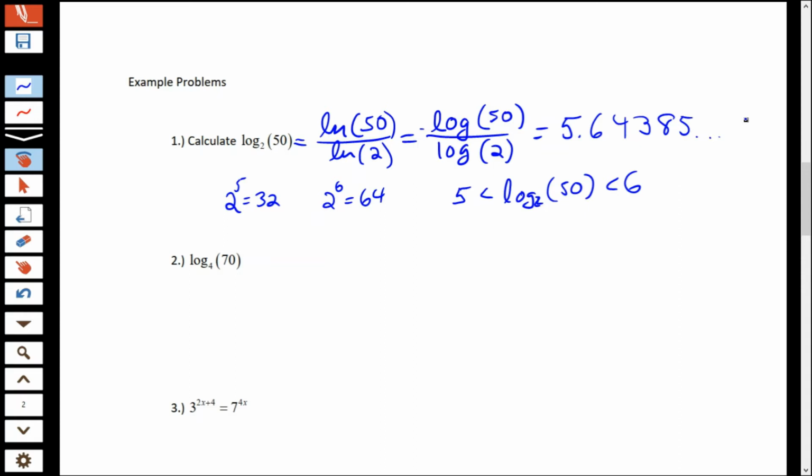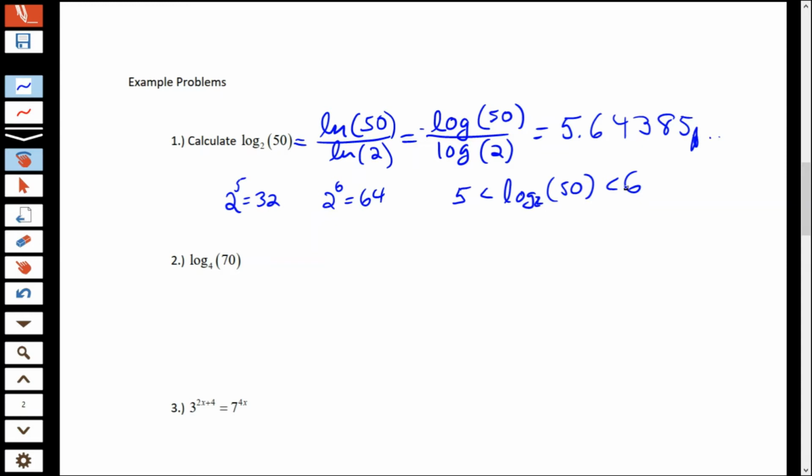Go ahead and do 2 raised to the 5.64385, hit enter, and your value should be either 50 or super close to 50. I think I went out to this decimal point right here, the 385, and I got 49.9997. So it's pretty darn close to 50.